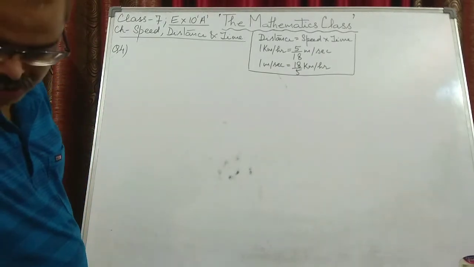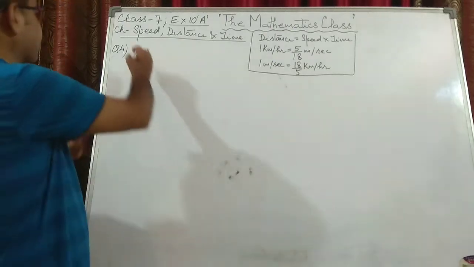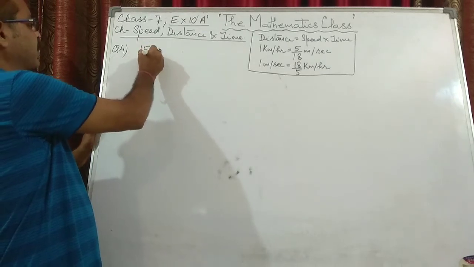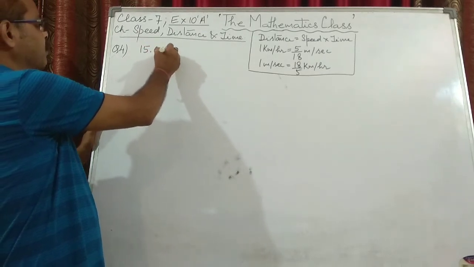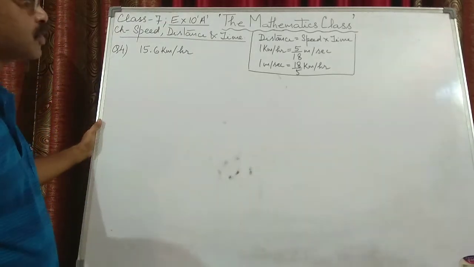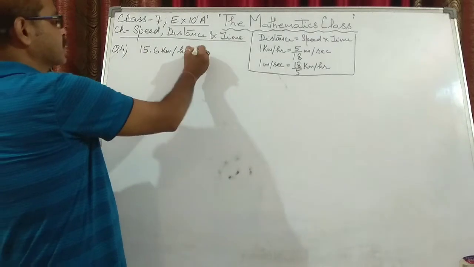What is the fourth question? Ayush runs 15.6 kilometers per hour. It means this is the given speed of Ayush.